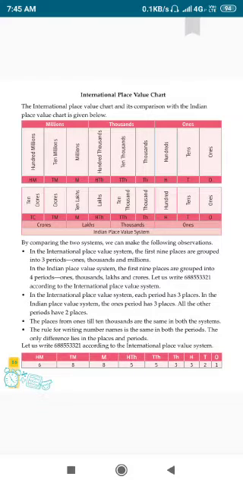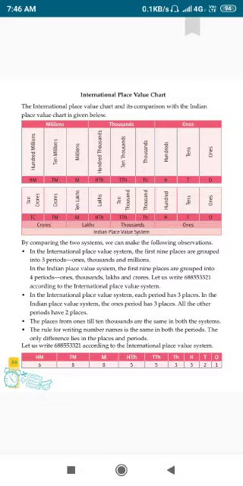In the international place value chart, the ones period has ones, tens, hundreds; the thousands period has thousand, 10,000, and 100,000; whereas the millions period has million, 10 million, and 100 million.